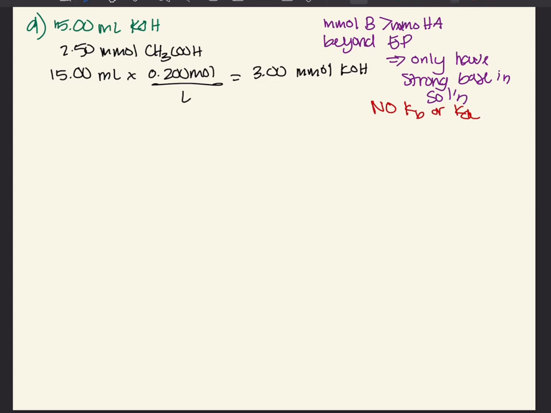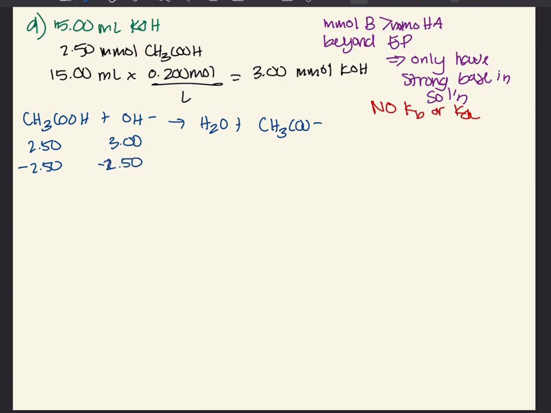So I'm going to set up my neutralization reaction. We're going to have acetic acid plus hydroxide yields water plus acetate. And we're going to have 2.5 millimoles of our acid, 3 millimoles of our base, and in this case, our acid is going to be the limiting reactant and is going to be completely consumed. So we won't have any acid and we'll have 0.5 millimoles of base.